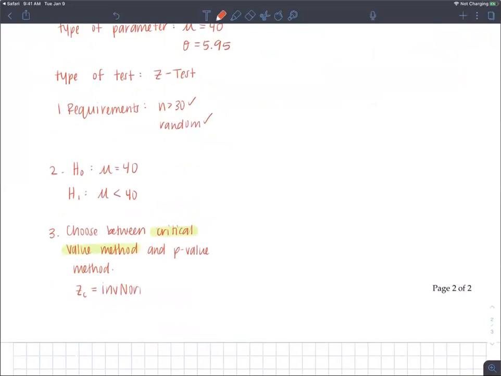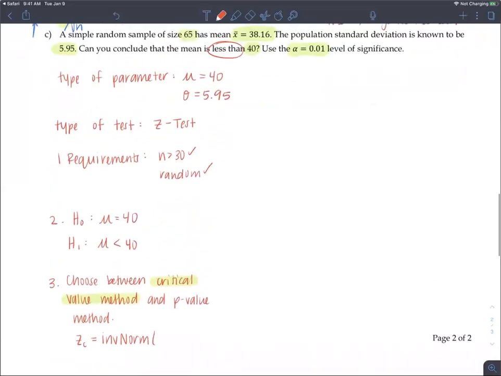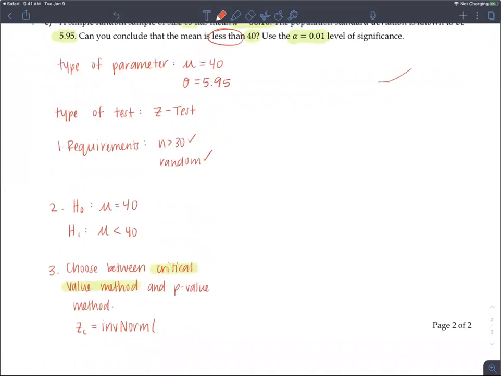If we were to draw this picture out, since alpha is 0.01, this is a left-tailed test. So here's my critical region. I'm trying to find this value z sub c, and I know that this area is 0.01. In your calculator, when you do inverse norm, what number should you put first?